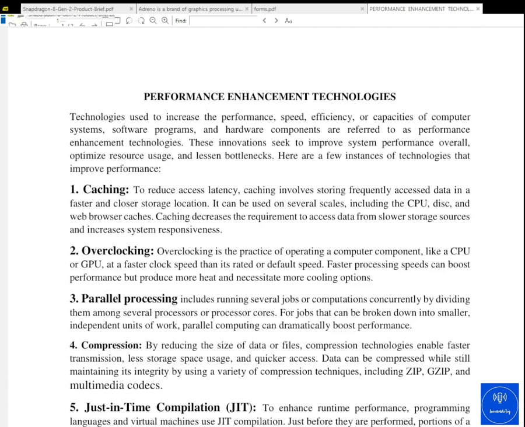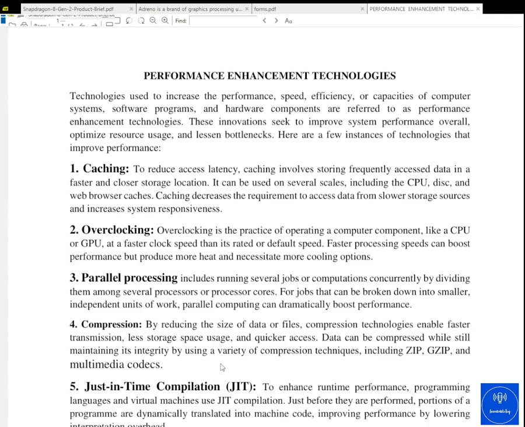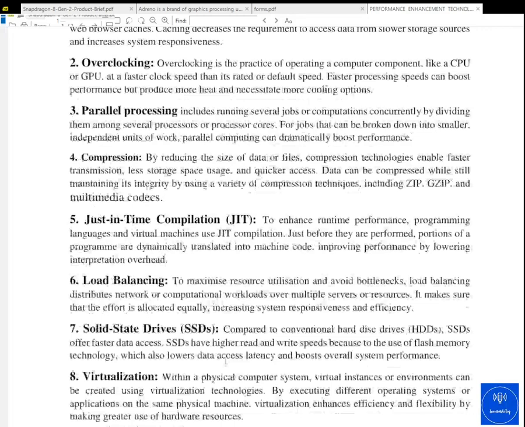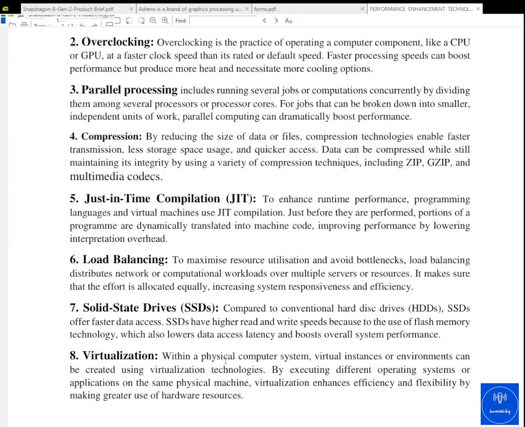So there are a few technologies that we are going to look at. Starting with the cache, we have overclocking, we have parallel processing, we have compression, we have just-in-time, we also have load balancing, we also have the use of solid-state drives over HDD drives. We also have virtualization.